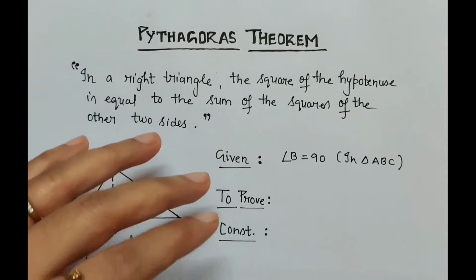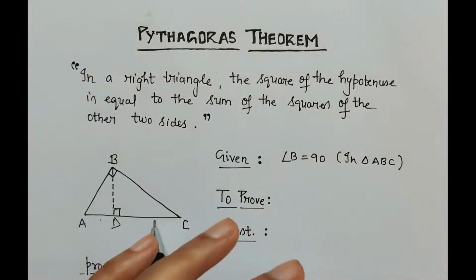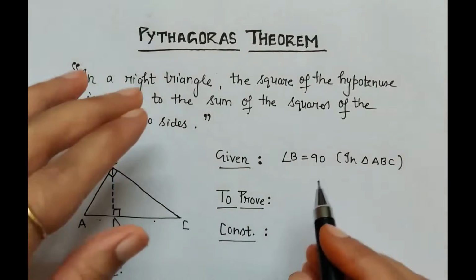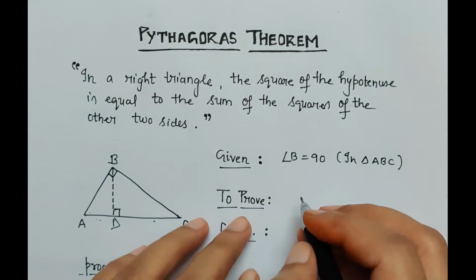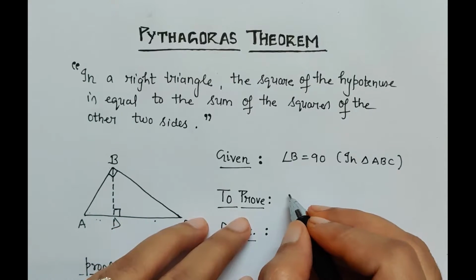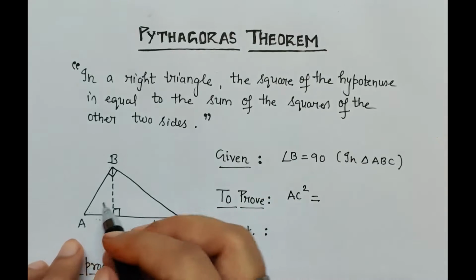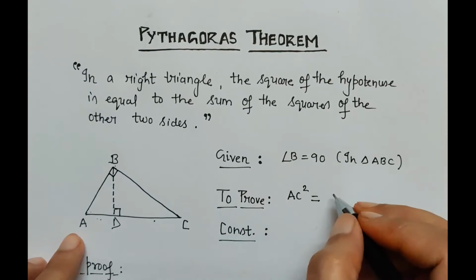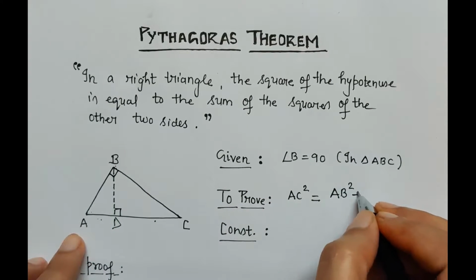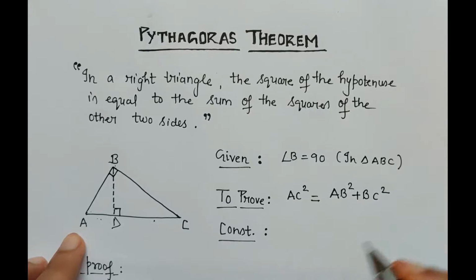Here the hypotenuse is AC, so the square of the hypotenuse, that is AC square, is equal to the sum of the squares of the other two sides, AB and BC. So it will be AB square plus BC square.